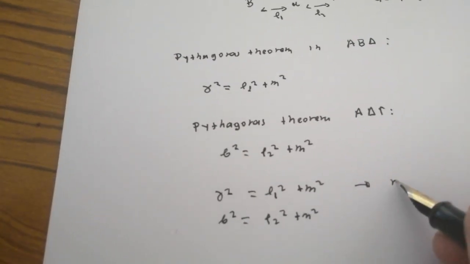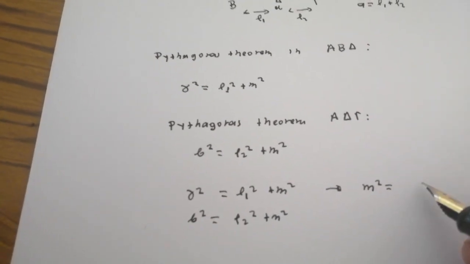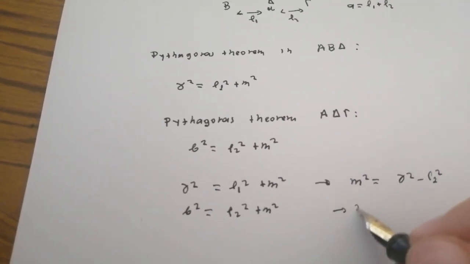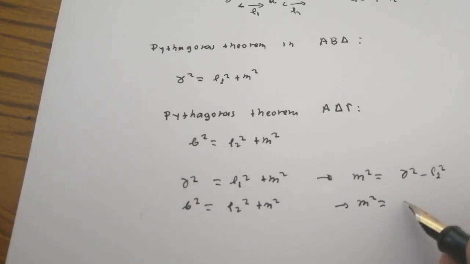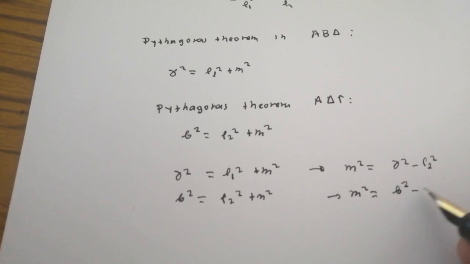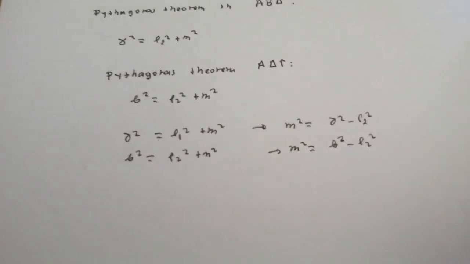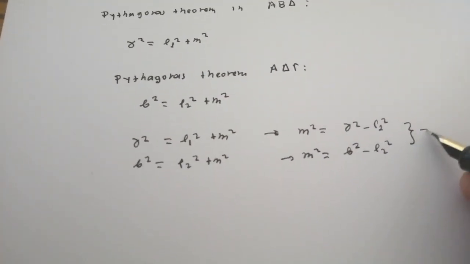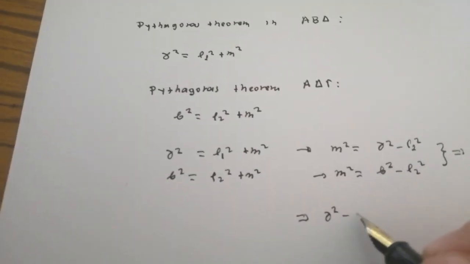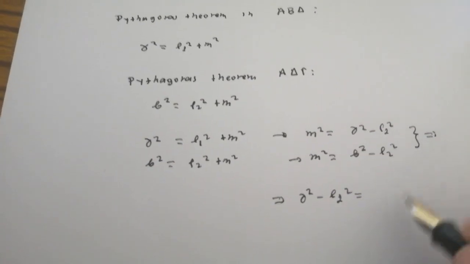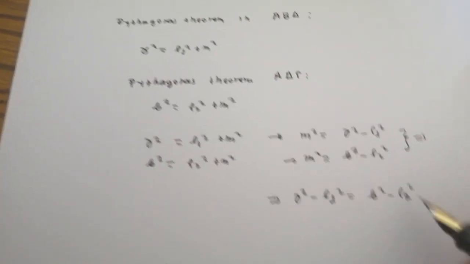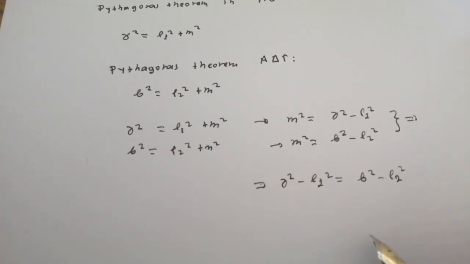We solve with respect to m squared, which is gamma squared minus L1 squared, and from the other relation m squared is equal to beta squared minus L2 squared. So gamma squared minus L1 squared is equal to beta squared minus L2 squared. We have this relation.